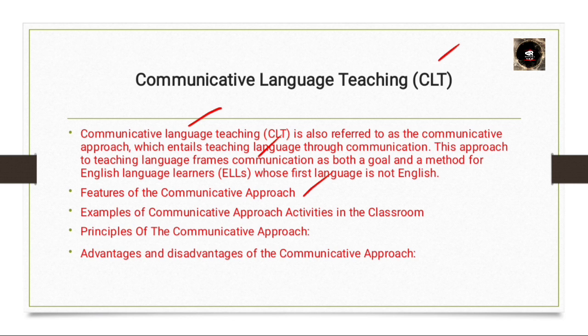And examples of communicative approach activities in the classroom: role playing is an effective activity that is often used in the CLT classroom. For example, some students may love shopping. So the teacher decides that they should discuss their love of shopping through a role-playing activity.